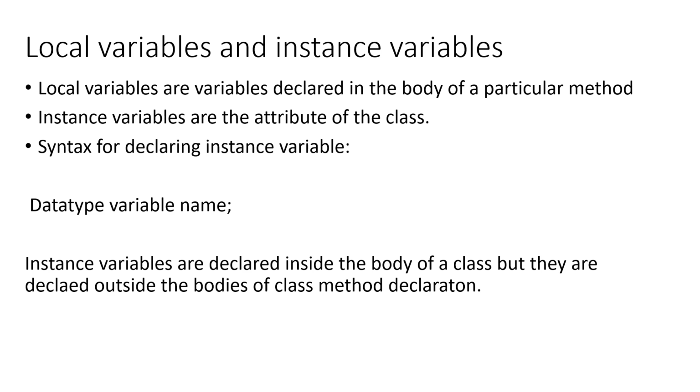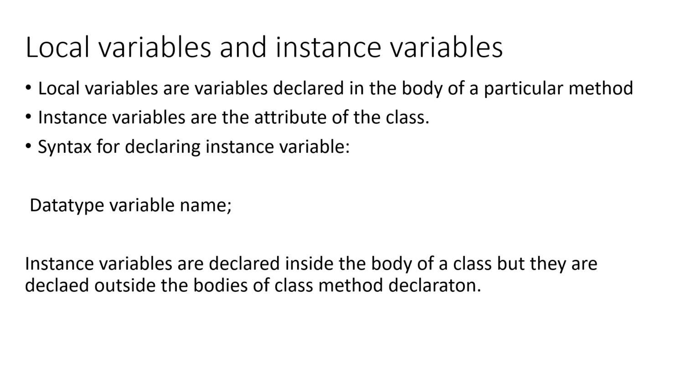Instance variables are declared inside the body of a class, but they are declared outside the bodies of class method declarations. You will understand this better when we look at an example.